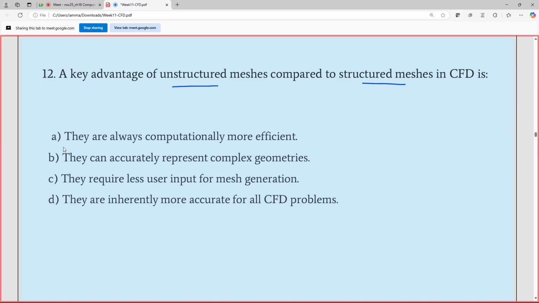Options are: option A, they are always computationally more efficient. Option B, they can accurately represent complex geometries. Option C, they require less user input for mesh generation. Option D, they are inherently more accurate for all CFD problems. So the question is asking a key advantage of unstructured meshes compared to structured meshes in CFD.